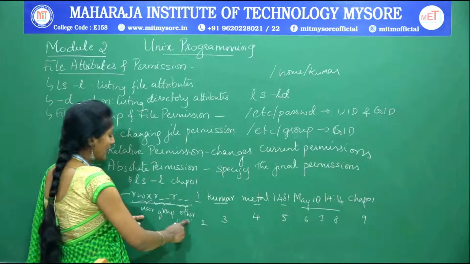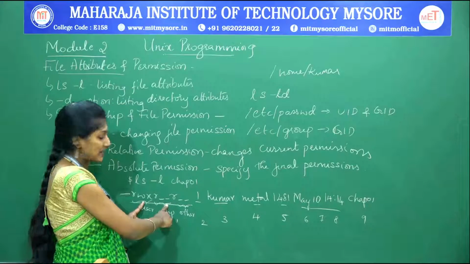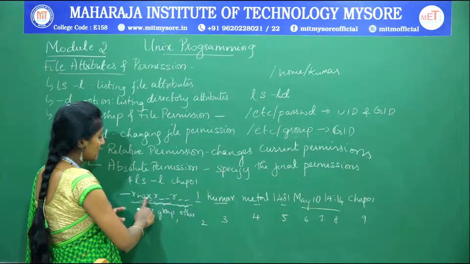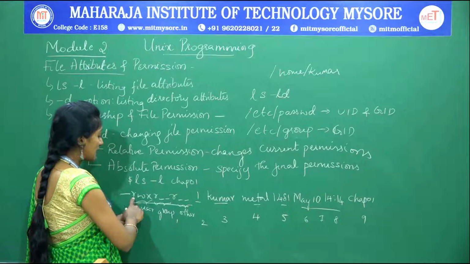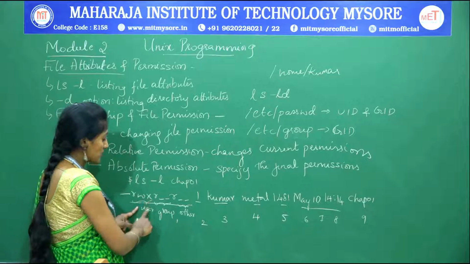For all these 3 categories of user, a permission has been assigned. RWX, so for user, it means read, write and execute permission has been provided.